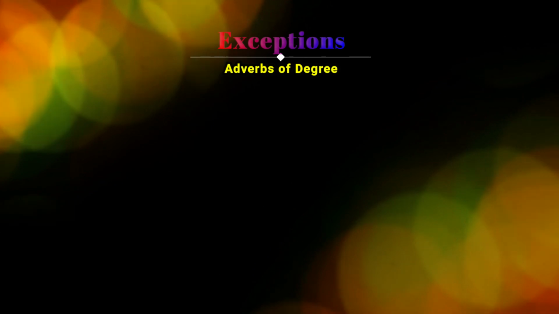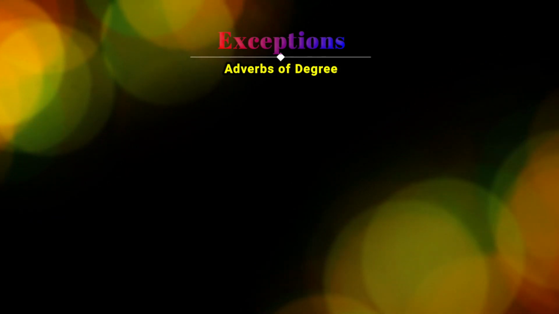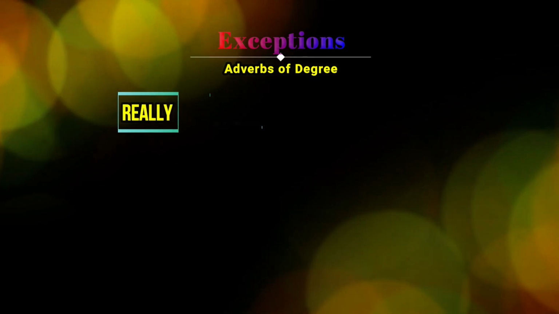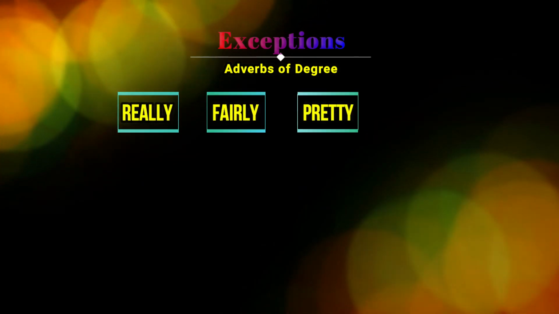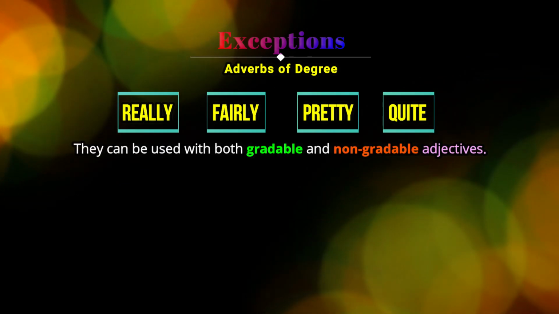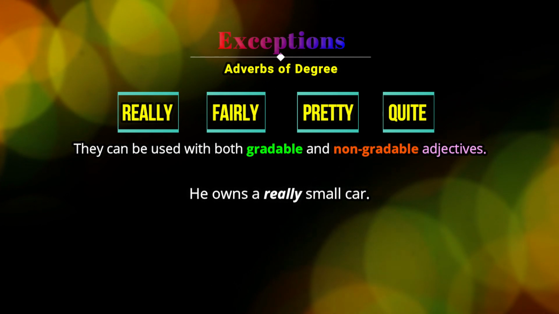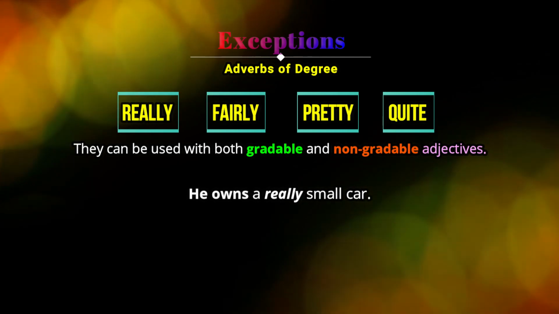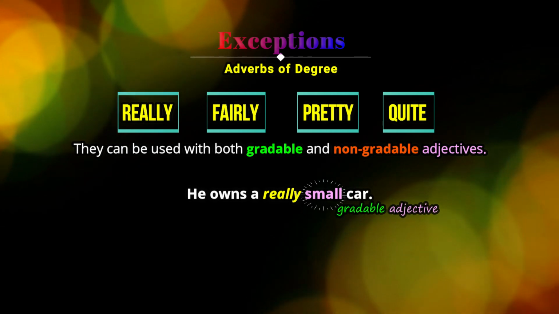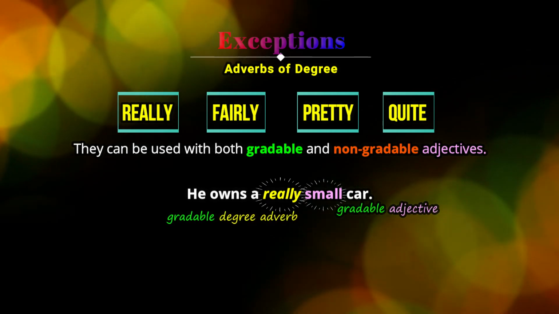Finally, let's talk about exceptions. Degree adverbs have exceptions such as "really," "fairly," "pretty," and "quite." And they can be used with both gradable and non-gradable adjectives. For example, the first one: he owns a really small car. We have the gradable adjective "small" and "really."